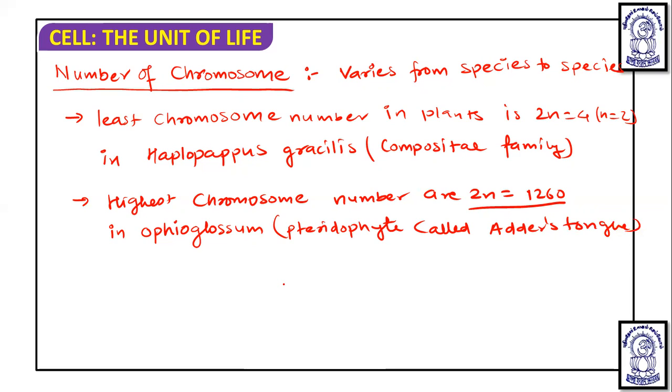Okay, in that, 1260 chromosomes are found in the diploid cell.